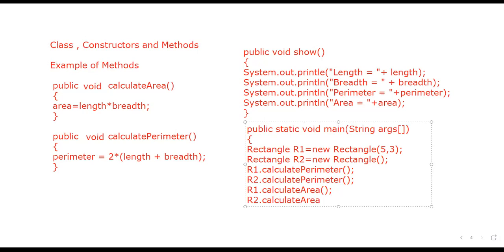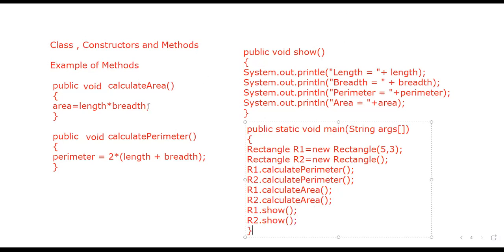Bracket open close. Then r1 dot show and r2 dot show. After this I'll end.